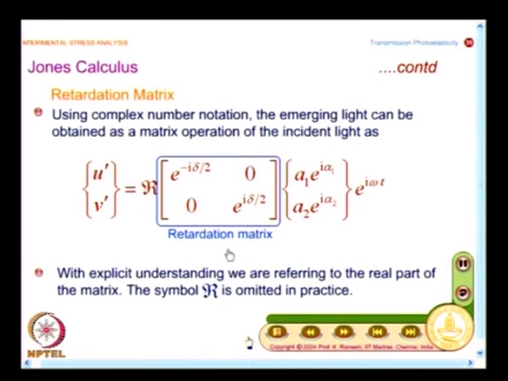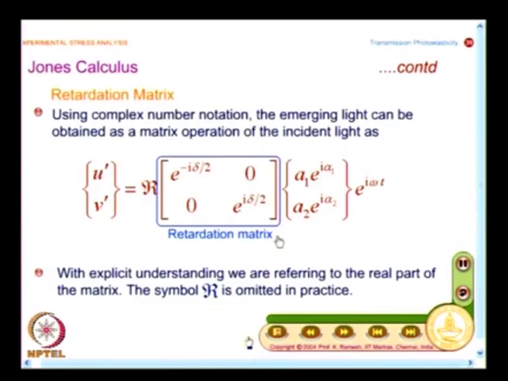And in all our mathematical development, we will not write that explicitly for convenience. We understand that we deal only with the real part, and we will simply have the retardation matrix written as such.